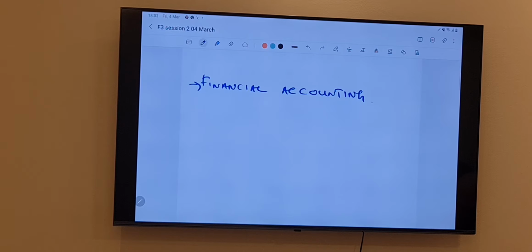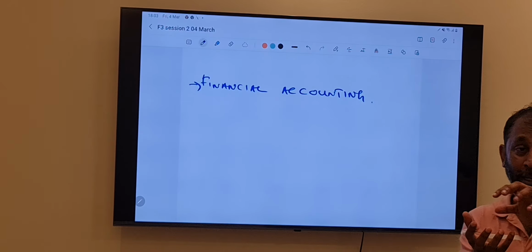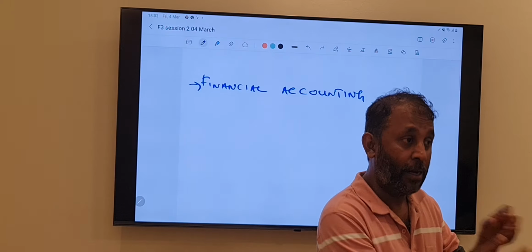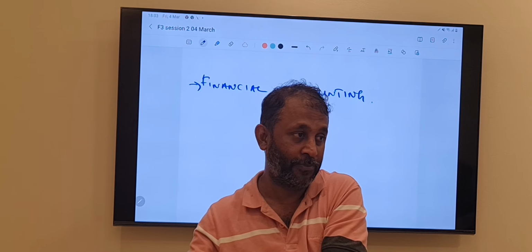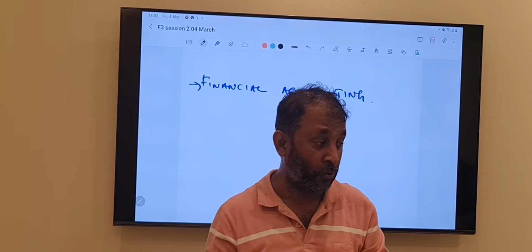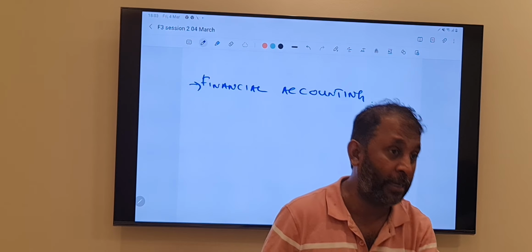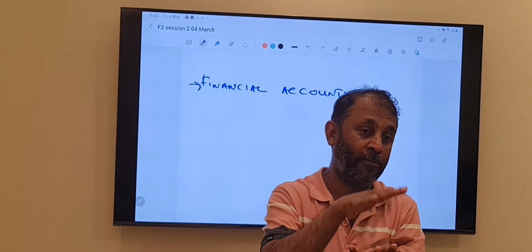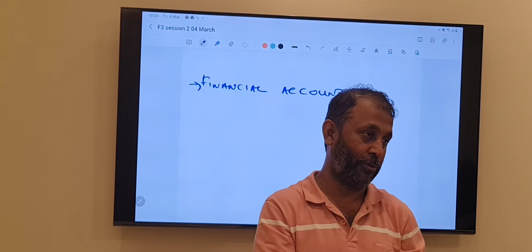For example, I need to know the financial results in terms of profit or loss. I need to understand what my receivables are, what my payables are, how much my total assets are. If I am doing this activity in connection with my accounting, that is what you call financial accounting.